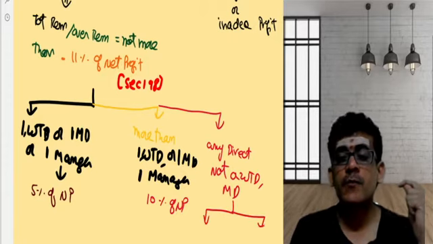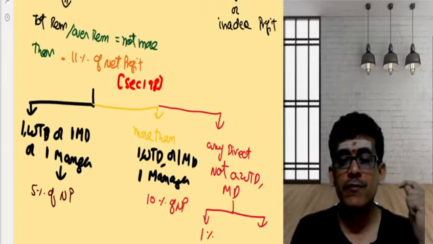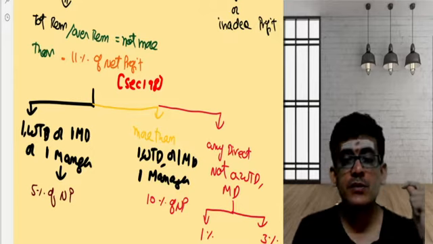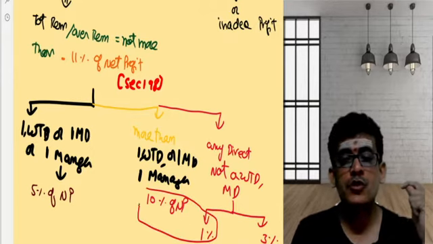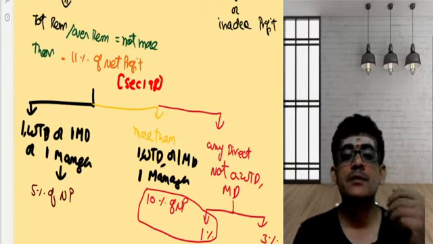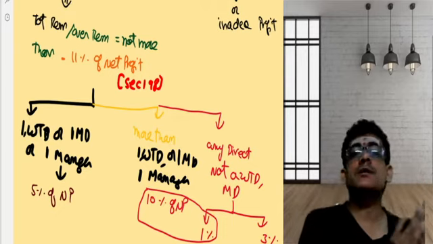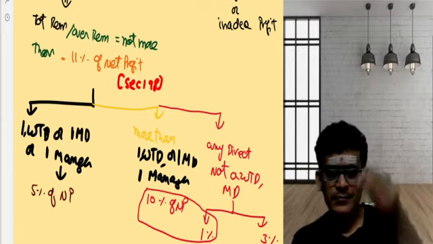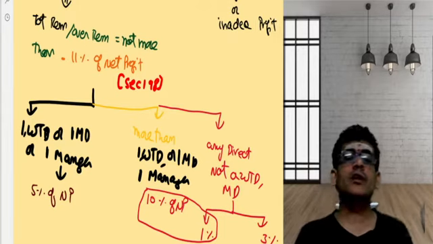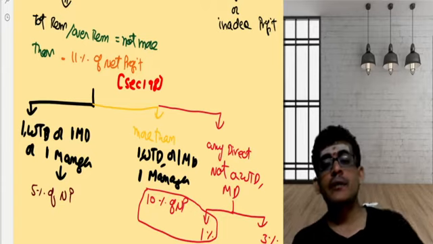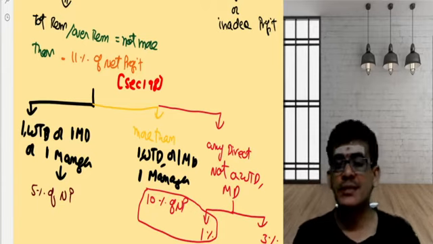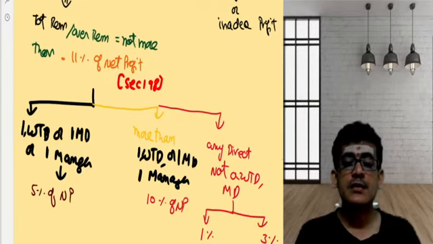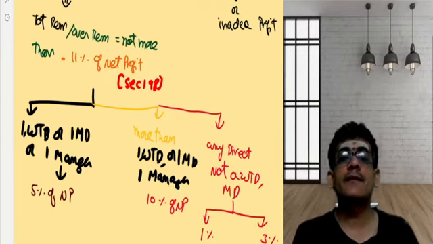The remuneration payable in some cases could be 1%, in some cases 3%. That's the reason 197 says the overall remuneration should not be more than 11%. How are you getting 11%? 10% plus 1%. 10% if you are having more than one director. Along with this, if you are having any director who is not a whole-time director, it is going to be 1%. Then the total remuneration is going to be 11%. That's the reason the section clearly says it should not be more than 11%.